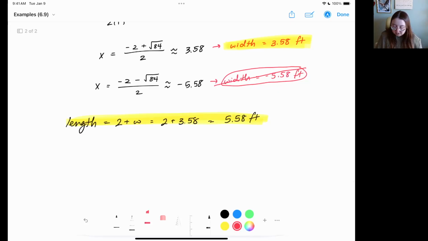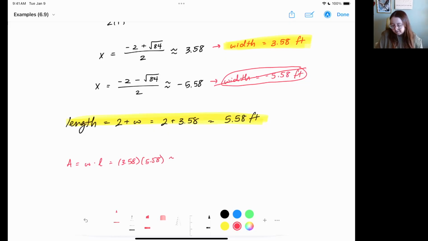We can always just double check our answer just to make sure that it's correct. So the area was equal to the width times the length. And so we can just plug in the values that we got, 3.58 times 5.58.